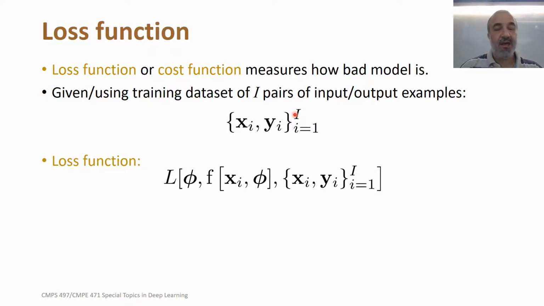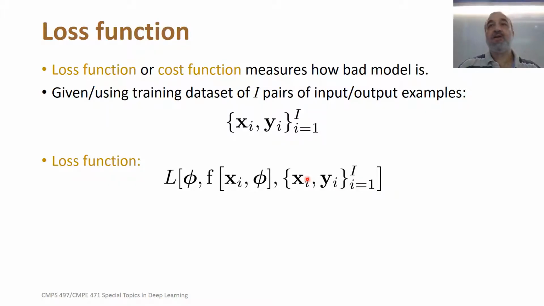Now, given this training data, we can define a loss function. The loss function is a function of the parameters of the model itself, and the training data. Let's explain that. We want to measure how good the model is, right? I think we agree that we need the training data because we need to compare between the predicted values and the actual output values. So the training data has to be part of the loss function.